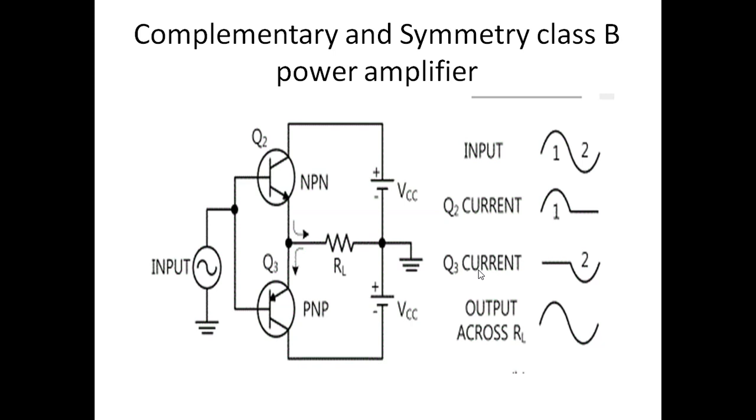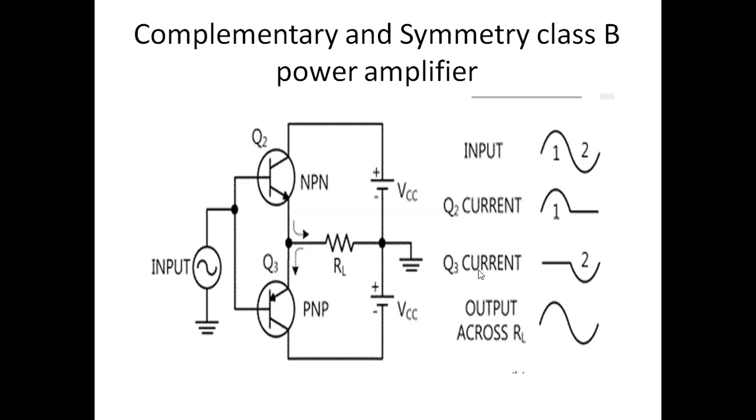By the definition of class B power amplifier, it conducts only 180 degrees of the signal, that is half of the input signal. The input signal is a complete sinusoidal wave, which consists of positive halves and negative halves.